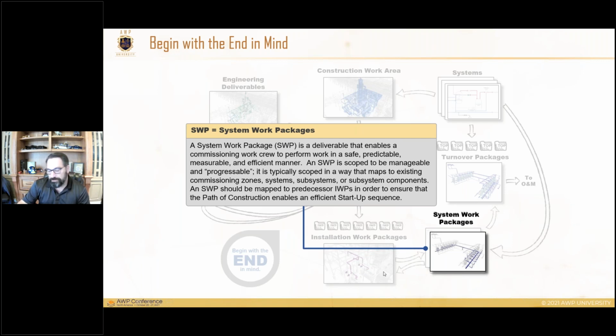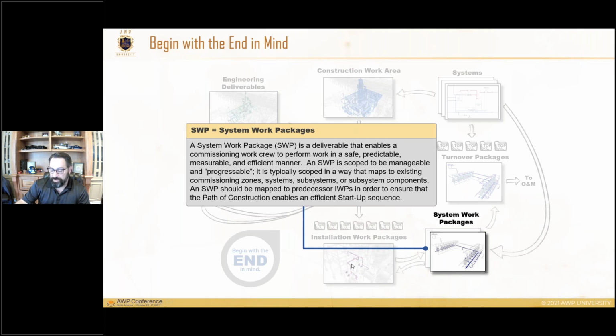And they are mapped on a many to one, so many IWPs to one system work package, or many portions, I should say, of IWPs, because it's never all of an IWP within a system work package. Sometimes it is, but generally they can cross those boundaries. But we do a web mapping, meaning that this system work package requires these 10 IWPs' completion for it to be completed.